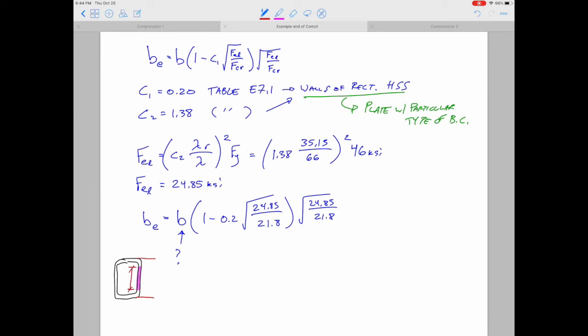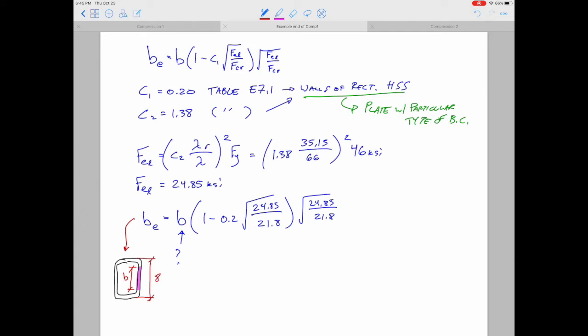Right now we're using b as a general term. We know that for our section it's H, but for this slender element I'm going to figure out what b is. So this would be the b in here. I'll take that away for now.